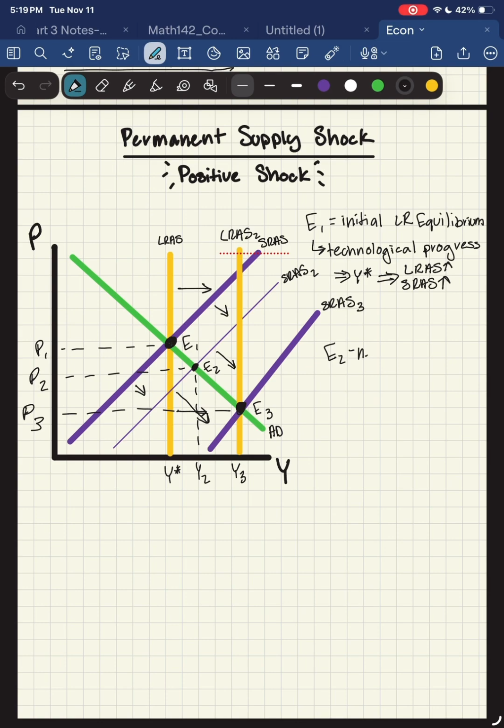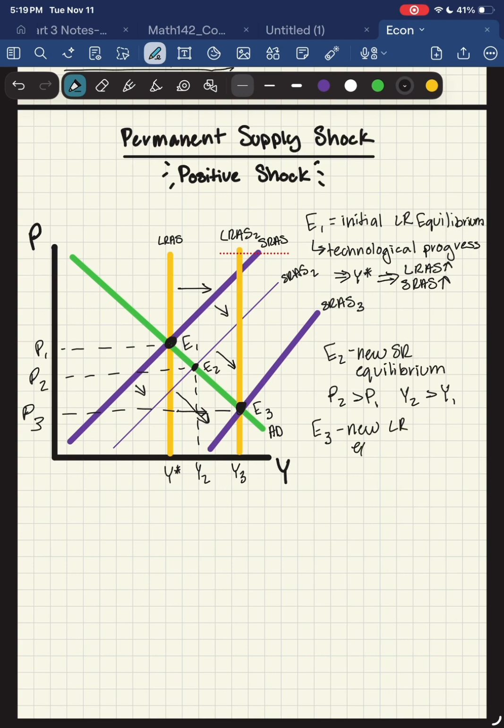So E2 was our new short run equilibrium, and at this equilibrium, P2 was less than P1, and Y2 was greater than Y1. But this is not where we stopped because long run had to shift as well. And then that gave us E3, which is our new long run equilibrium.